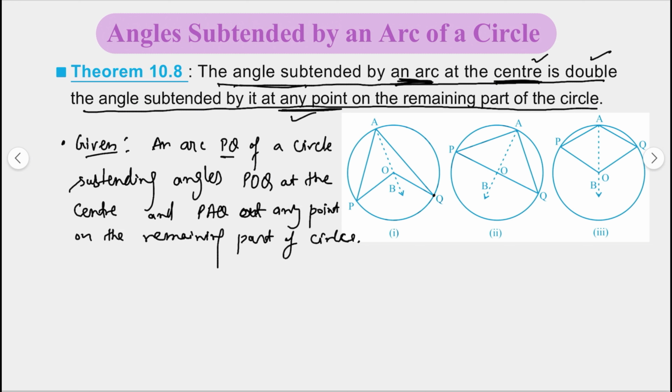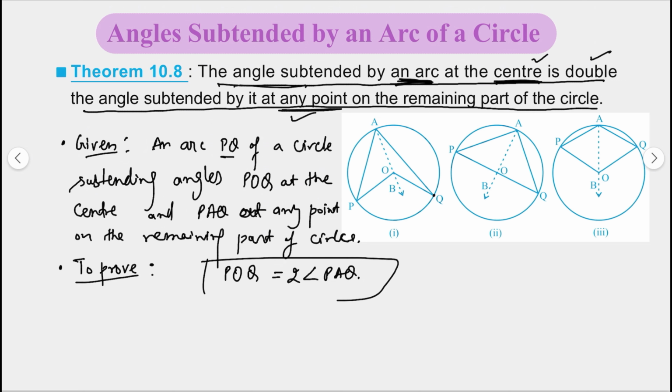What we have to prove is that the angle POQ is equal to twice the angle PAQ.